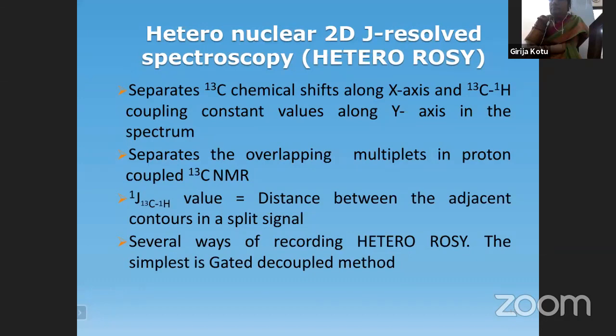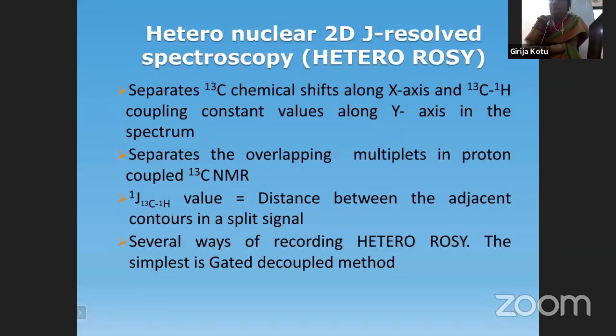Only C13 NMR. So the X here refers to delta values of C13 and Y refers to couplings between carbon and proton. So it is nothing but conventional C13 NMR, which is 1D C13 NMR, that we are trying to represent in the form of a 2D HETEROSY.